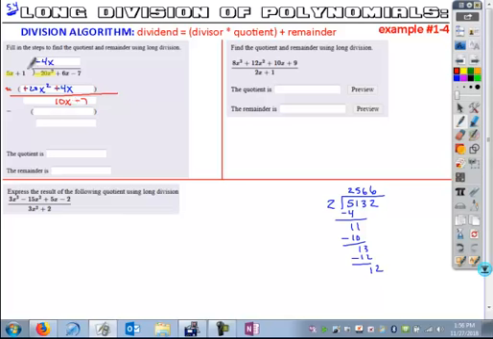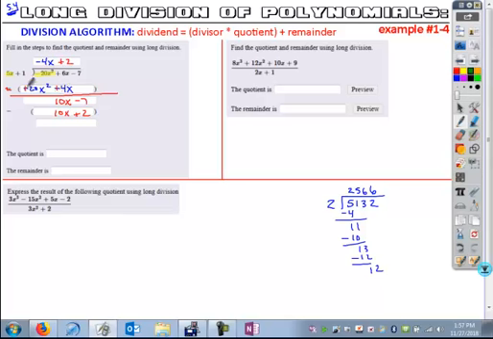Okay, now I'm going to do the same thing for my next term. So what do I multiply 5x by to get this new first term, 10x? Positive 2. So that's going to go up here, and then I'm going to distribute that through. So a 2 times a 5x gives me 10x. 2 times a 1 gives me plus 2. And so I come back here. I think about my next, so this is what will actually go in this field.